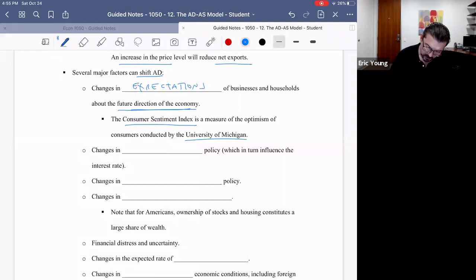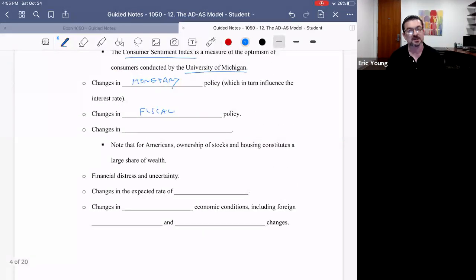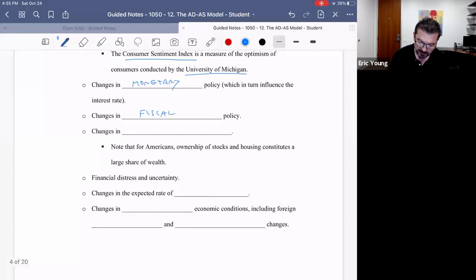We also know from our earlier lectures that we can change AD through monetary and fiscal policies. You'll recall that monetary policies work by influencing the interest rate. Fiscal policies either directly affect G or indirectly affect C and I through tax changes.